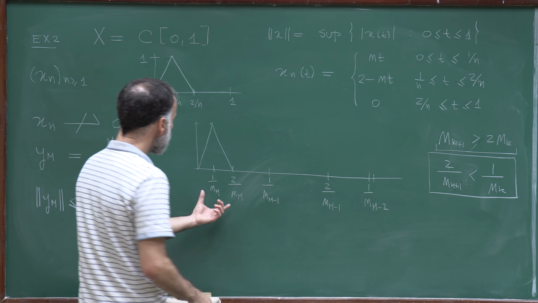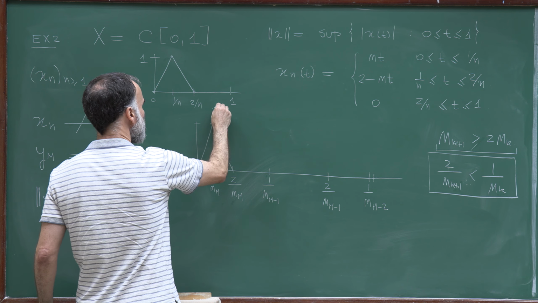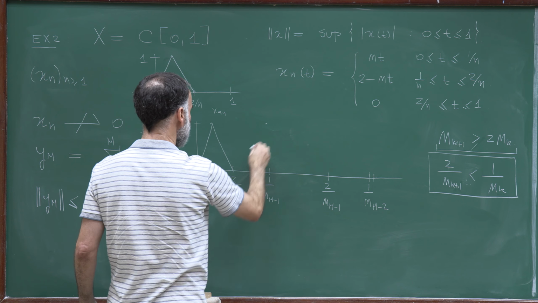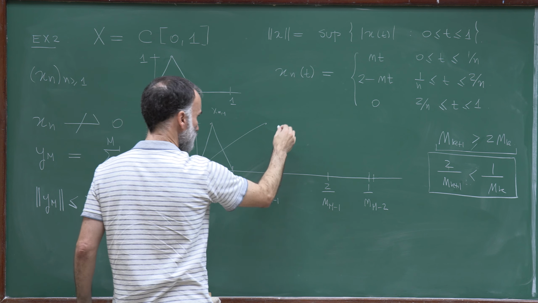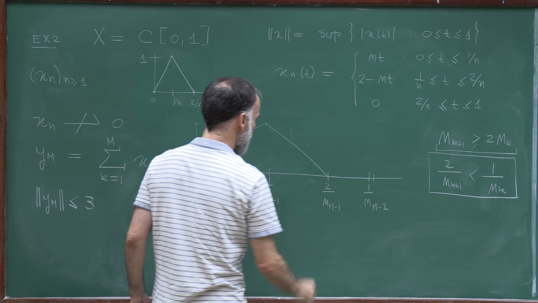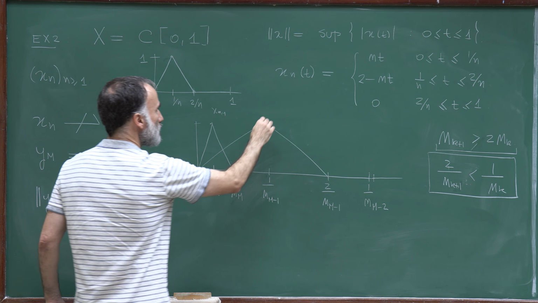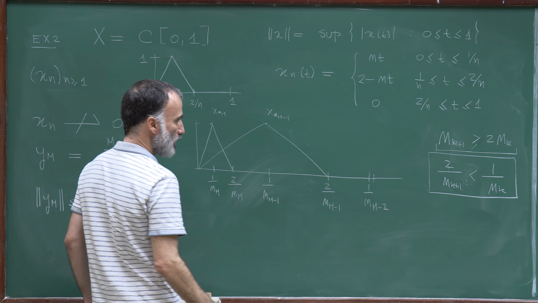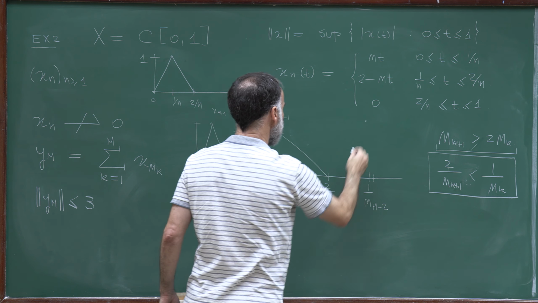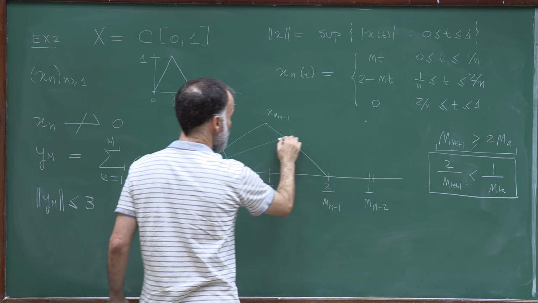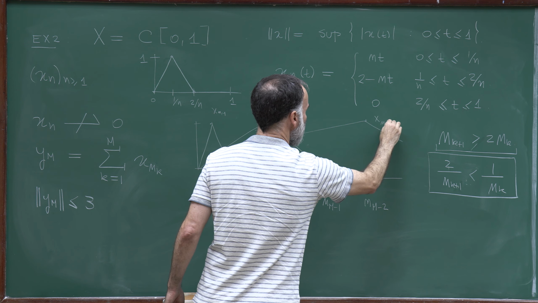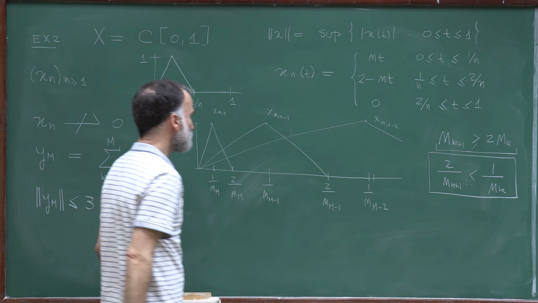So here's the function x n m. Now I have the function x n m minus 1. And here's the function x n m minus 2, and so on.